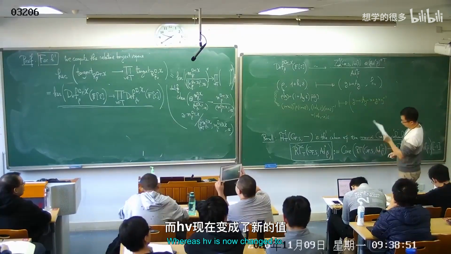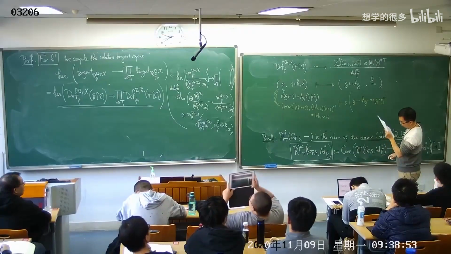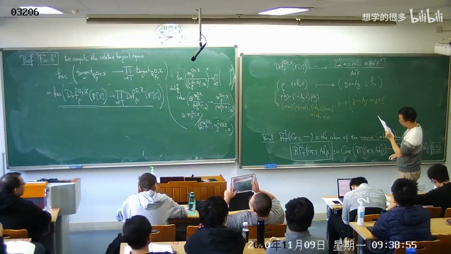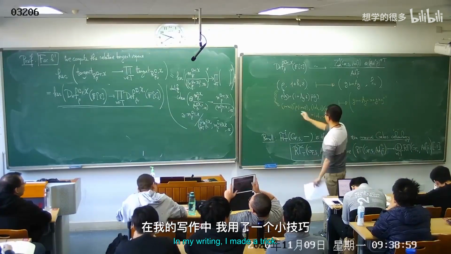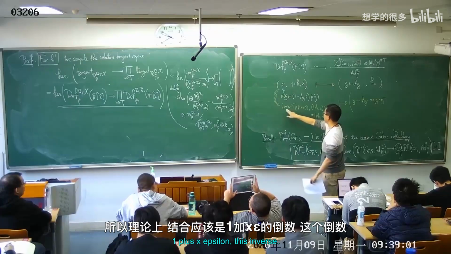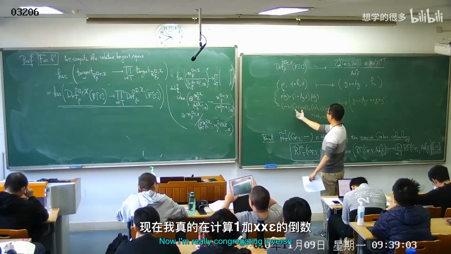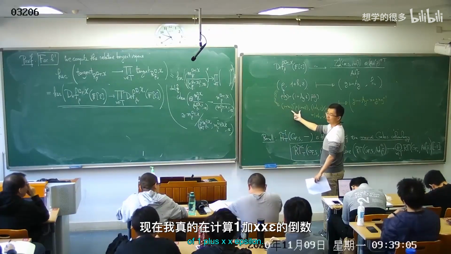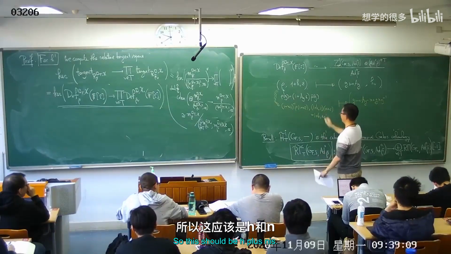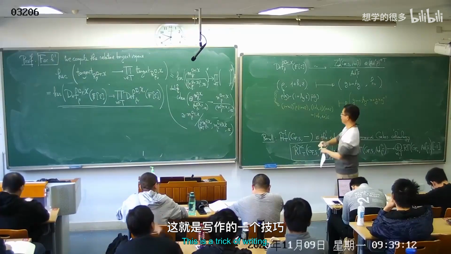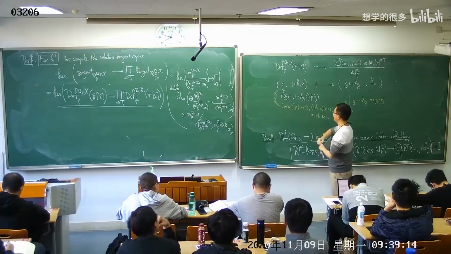Whereas hv is now changed to, sorry, in my writing I made a trick. The conjugation should be by the inverse of 1 plus x epsilon. Now I'm really conjugating the inverse of 1 plus x epsilon, so this should be h plus x. This is a trick of writing, not important.